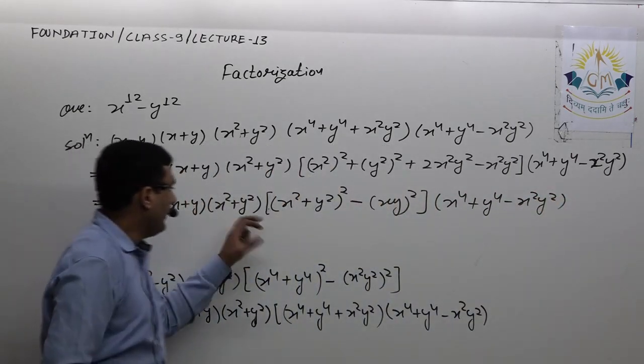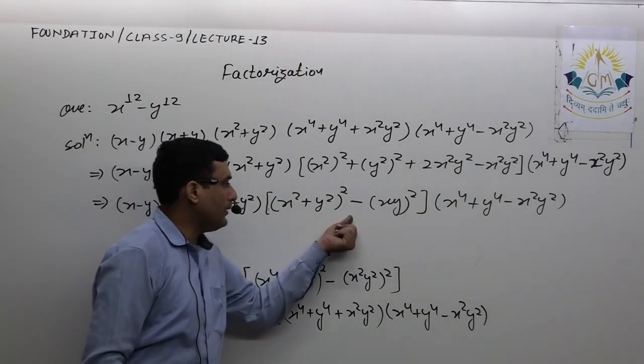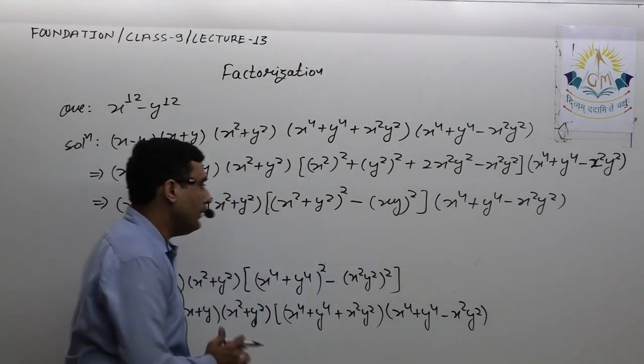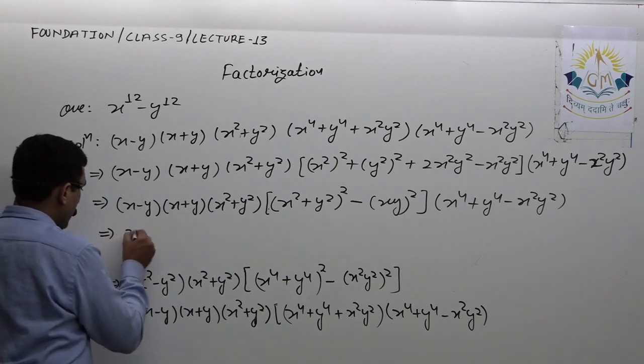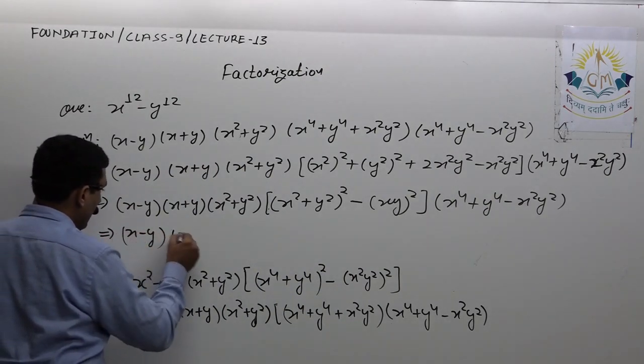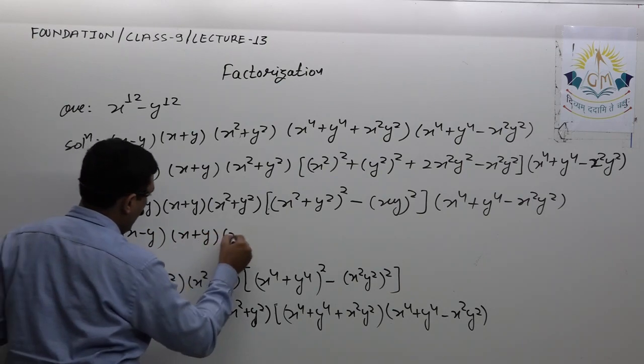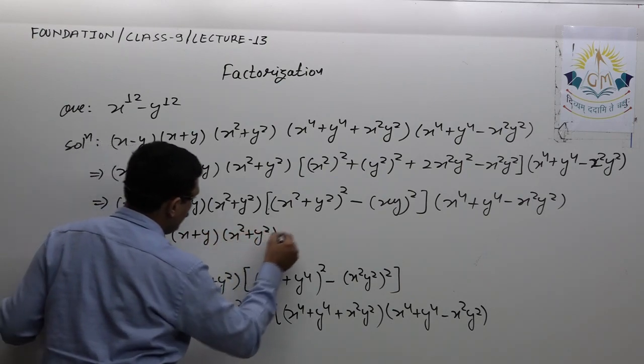Okay, so now here again I can factorize this a square minus b square, that is a plus b into a minus b. So this becomes x minus y, x plus y, x square plus y square.